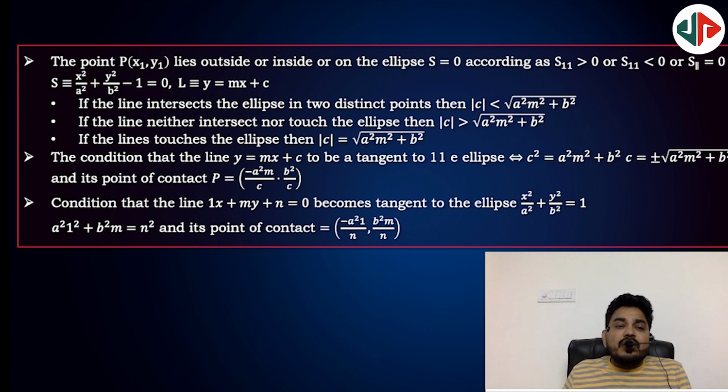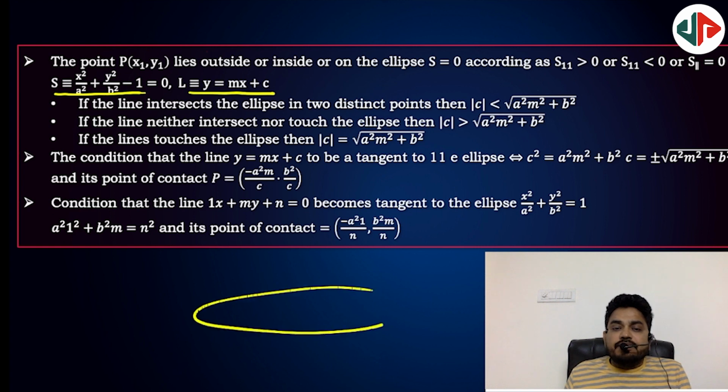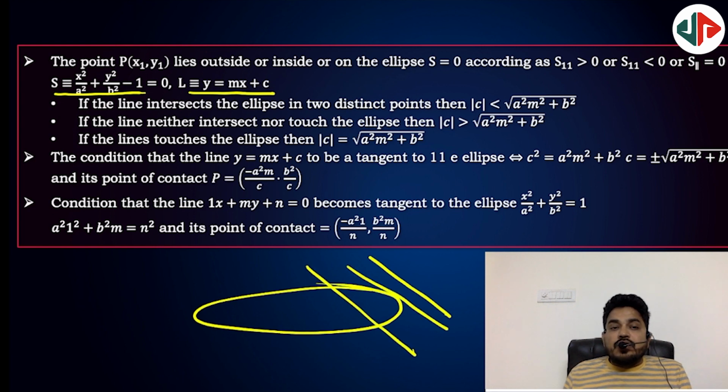Next one is the position of the line relative to the ellipse. S is equal to this one and the line is there. So if the ellipse is here, the line is here, or the line is here, or the line is here. So the ellipse S is given, and the line is y is equal to mx plus c.